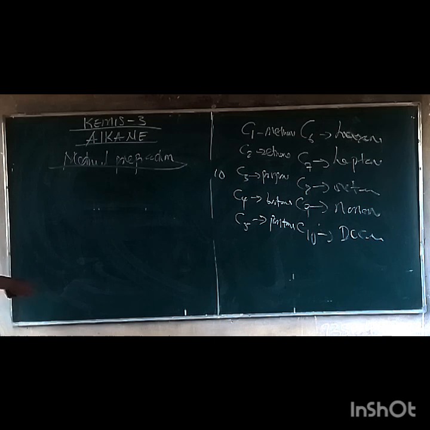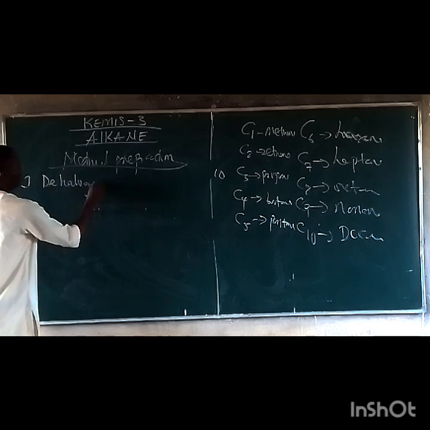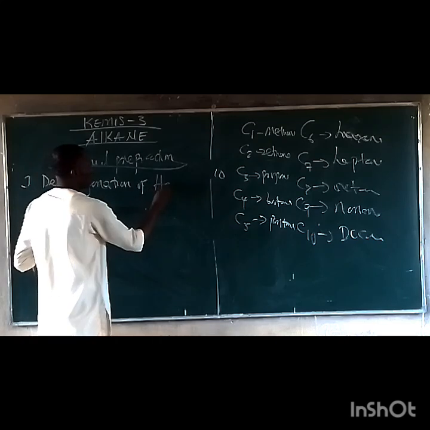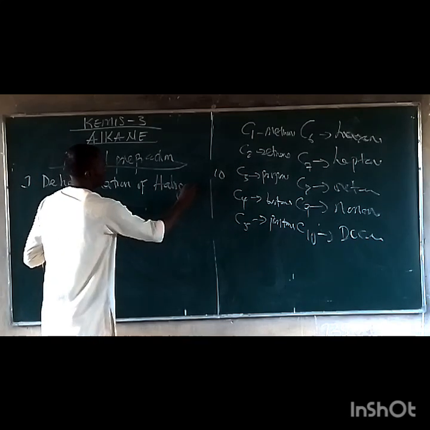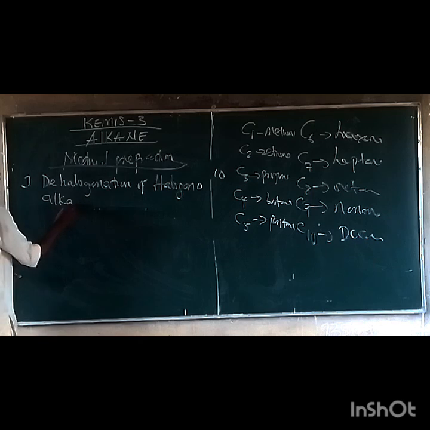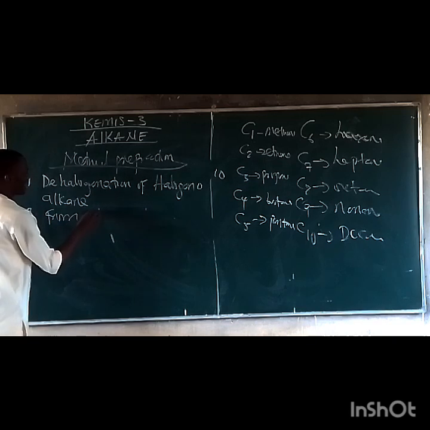The first method of preparation is called dehalogenation of halogenoalkane. Number two is from alkene, that is the carbon-carbon double bond family.